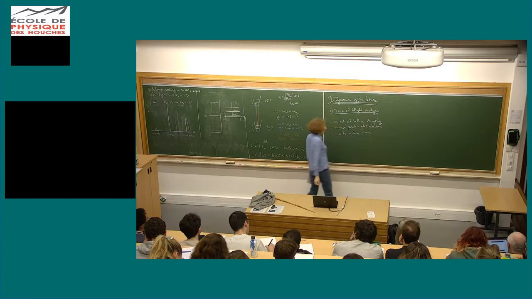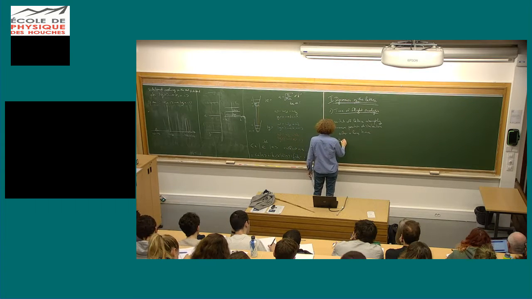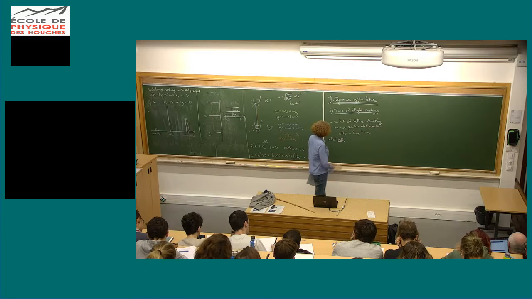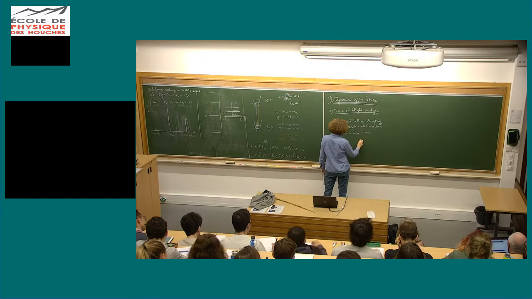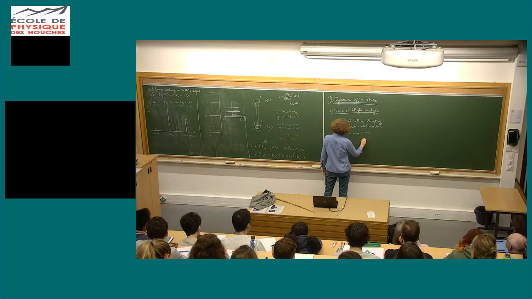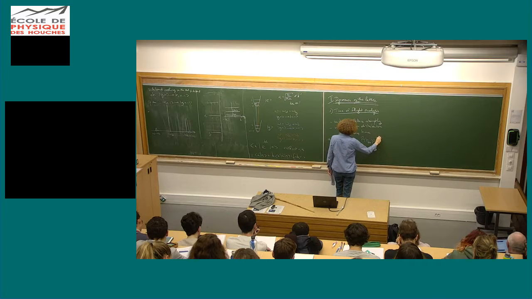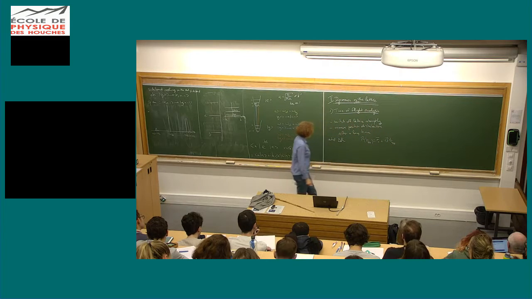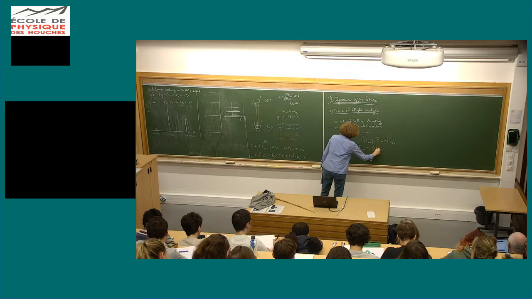So what is long? If you have an initial size of the cloud, which is some delta r, you wait long enough such that the final position after a time of flight, which for each atom is given by its initial position plus its initial velocity times the time of flight, is such that the delta r after time of flight is very, very large as compared to the initial delta r.